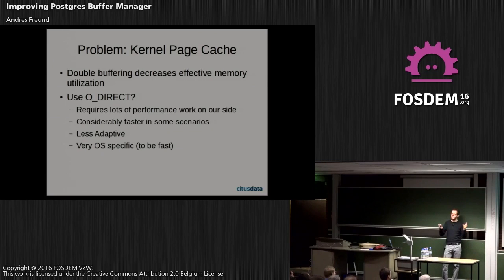For one, how to use O_DIRECT efficiently varies widely between operating systems. And for another, there's a lot of performance work the kernel does, or at least tries to do, where it uses the page cache, which we would have to fully emulate.